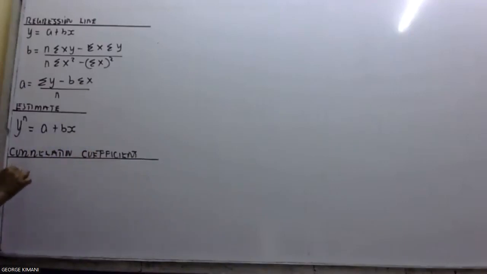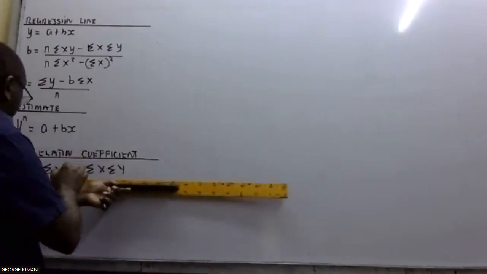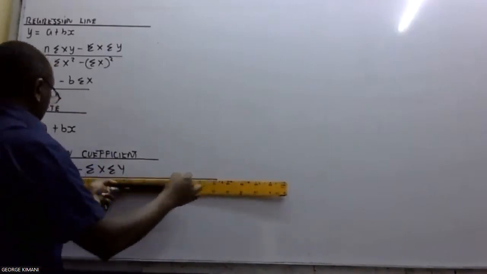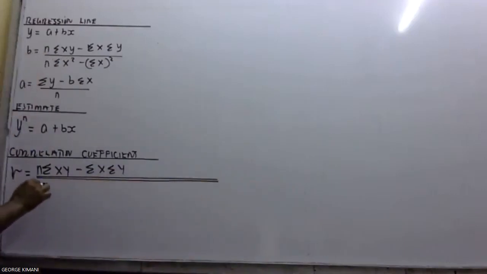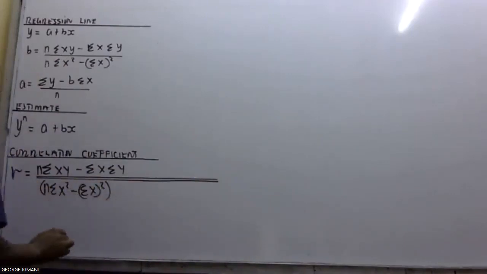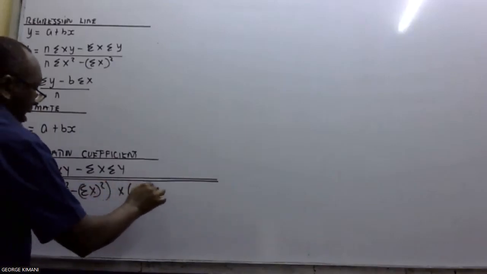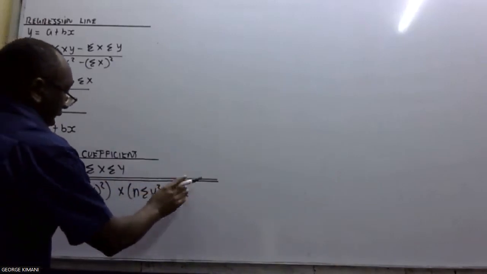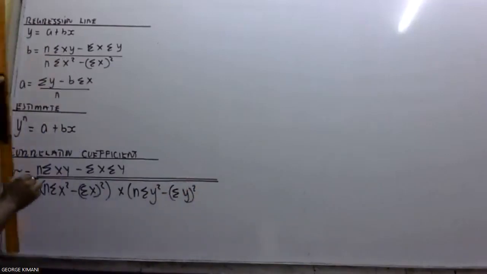Now this is R, which is given as n sum of xy minus sum of x, sum of y, divided by the square root of n sum of x squared minus sum of x squared, times n sum of y squared minus sum of y squared.